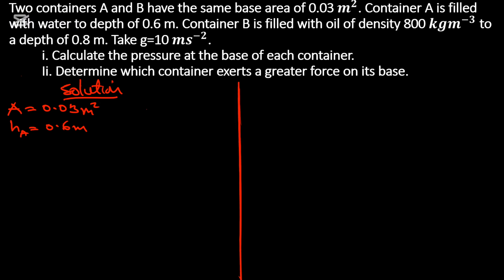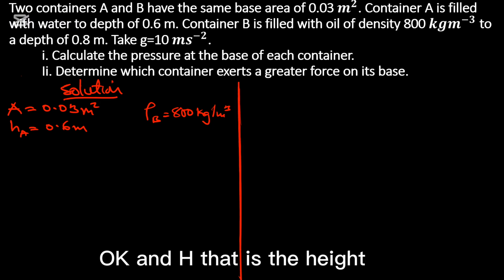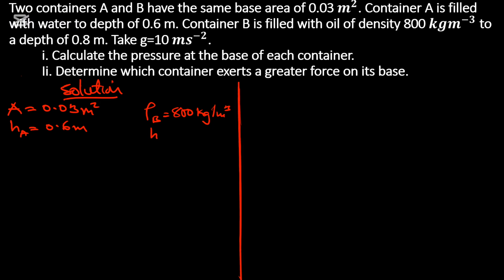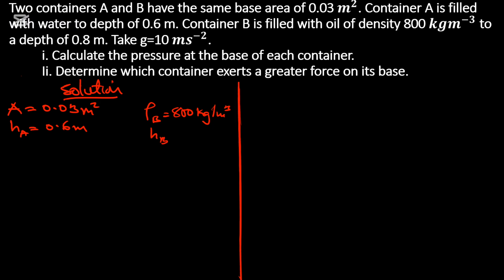So density of B is 800 kg per meter cube, and its depth, that's the height, let's make it HB, 0.8 meters.